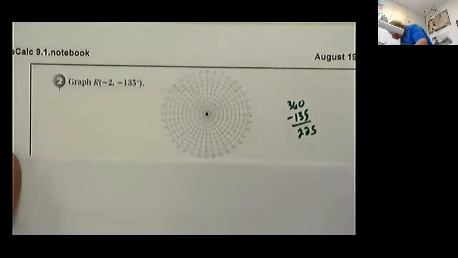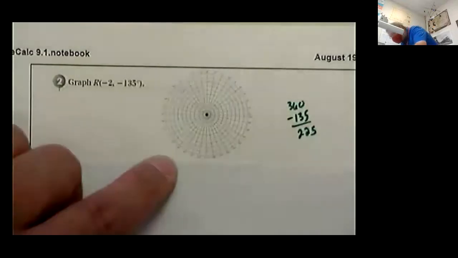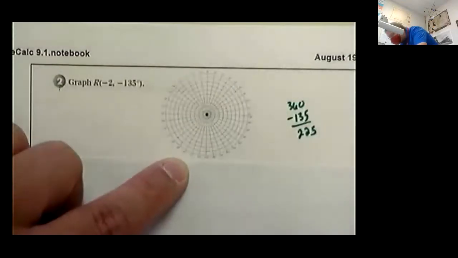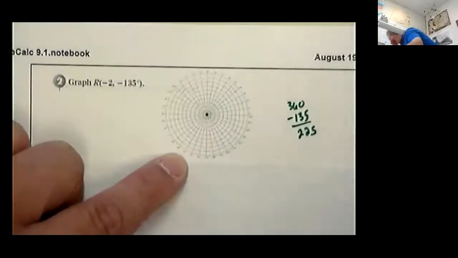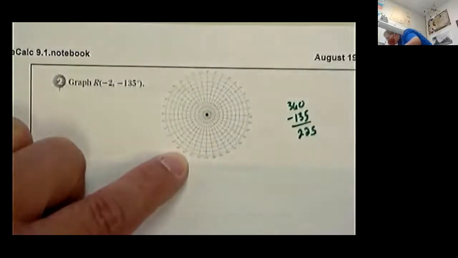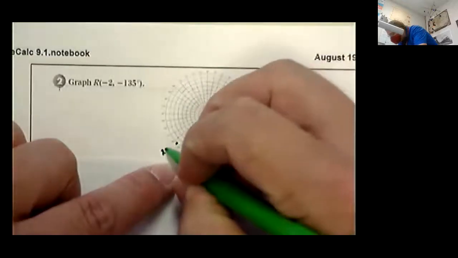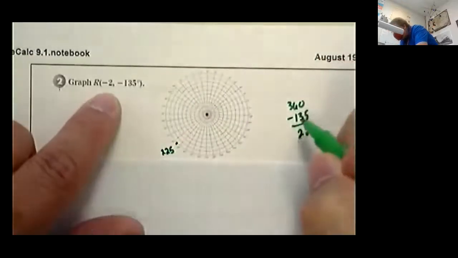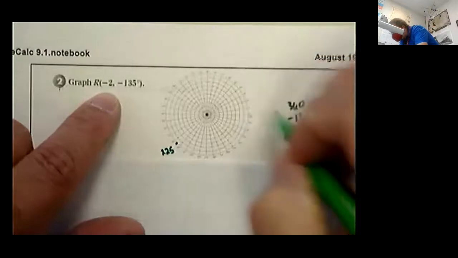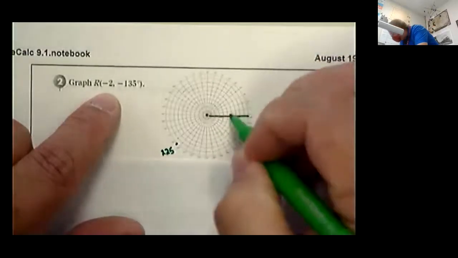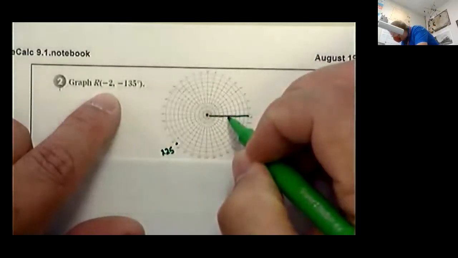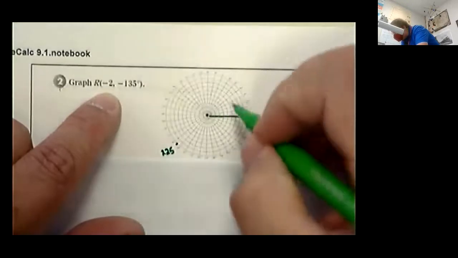So we are on 225, which is halfway between 220 and 230. So there's 225, and we're at -2.